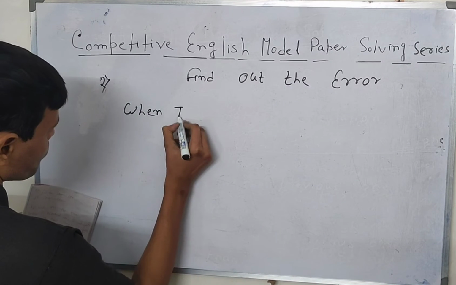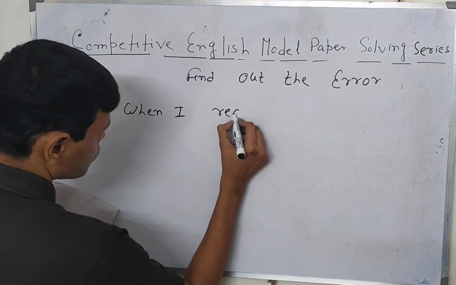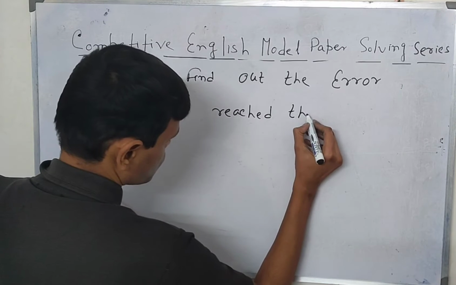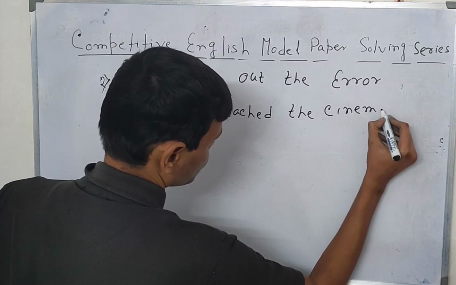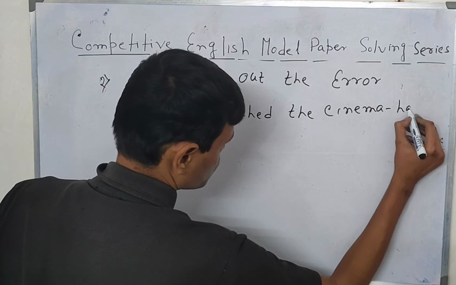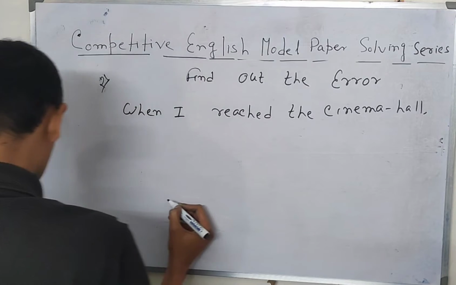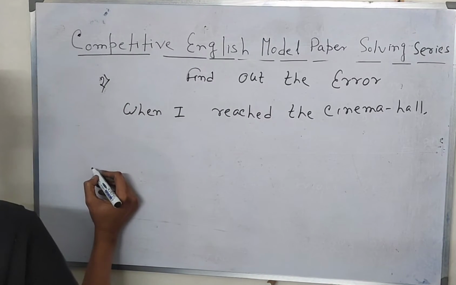When I reached the cinema hall, this is called the nominal compound construction. Later I will make you understand what the nominal compound is.